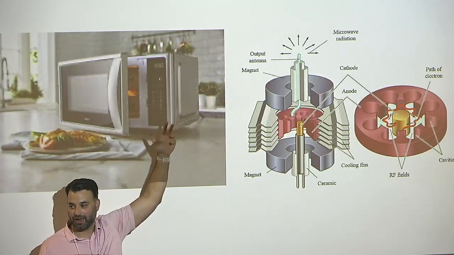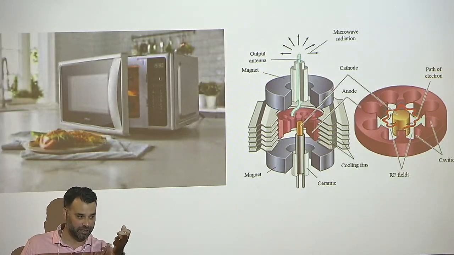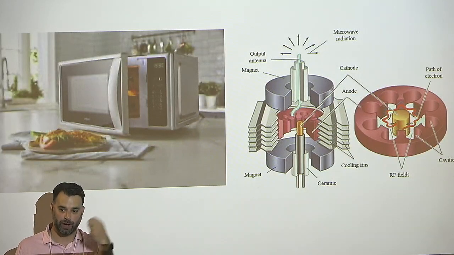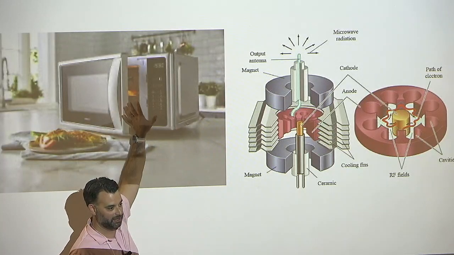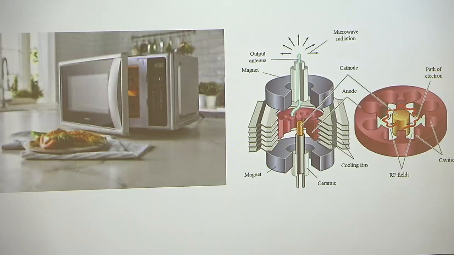So a microwave has an RF power source. The electromagnetic wave is going to shake all of your molecules. So what's the only difference between a microwave and a particle accelerator? It's how you design essentially the cavity that these electromagnetic waves are powering, okay? So what do we have to do?